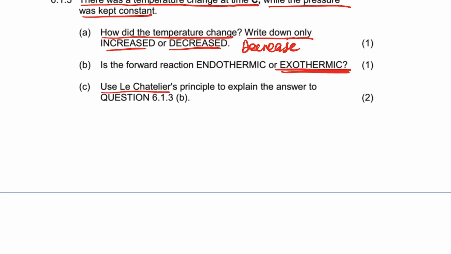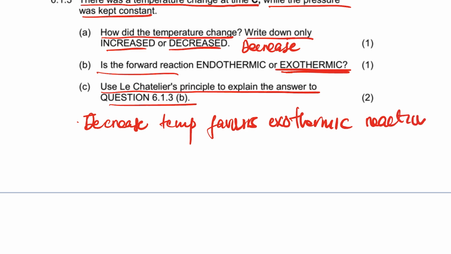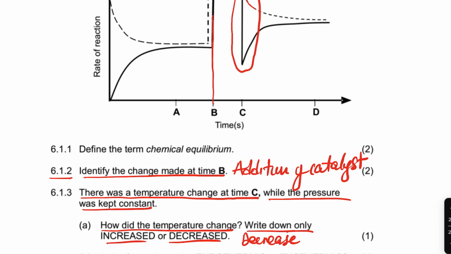C, use Le Chatelier's principle to explain the above answer in 6.1.3b. So a decrease in temperature, that's very important, favors what? Exothermic reaction, right? That's the point. A decrease in temperature will always favor the exothermic reaction. And which reaction was favored in this decrease in temperature?